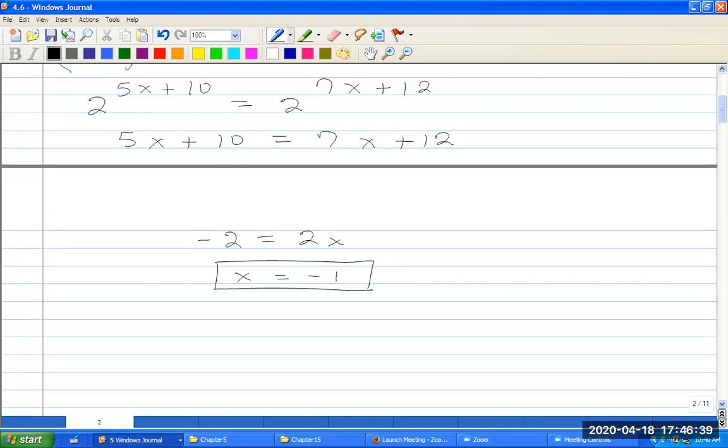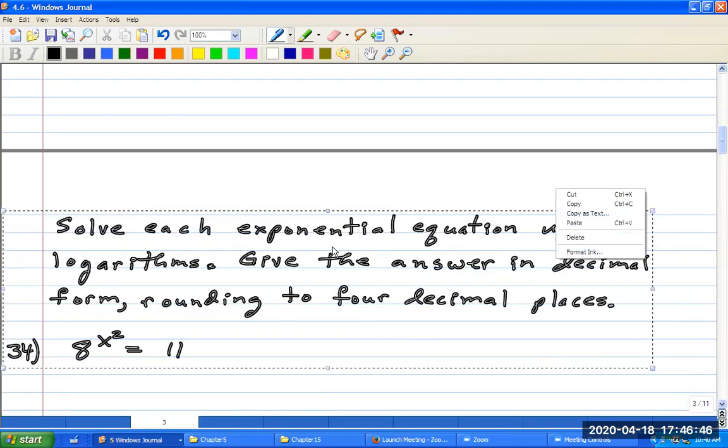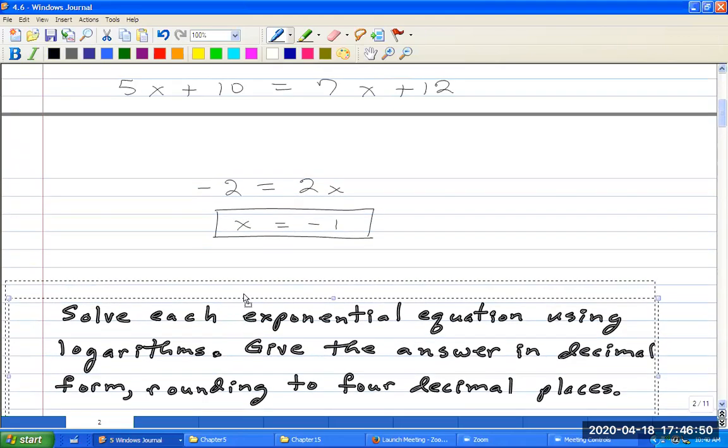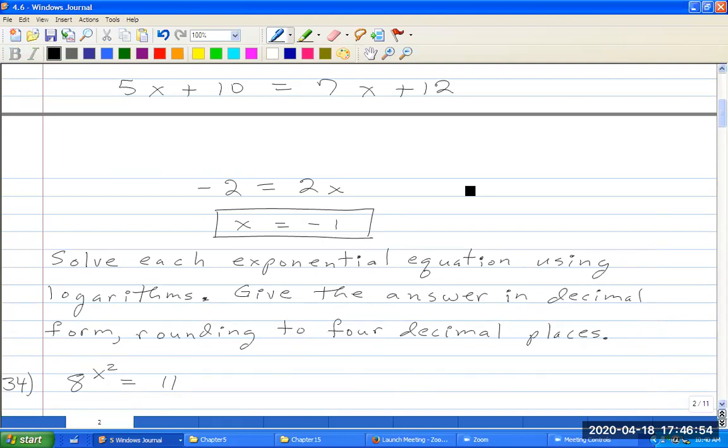Let me do problem number 34. Solve each exponential equation using logarithms.